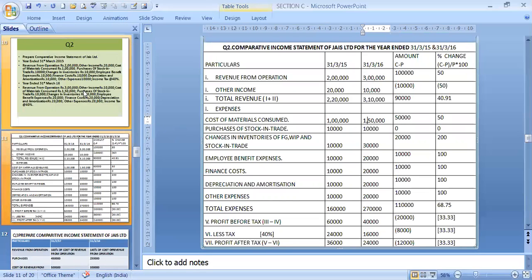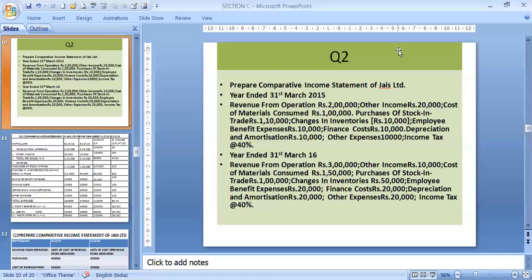Next we have purchase of stock. Purchase of stock means whatever we have purchased: raw materials, finished goods or work in progress.